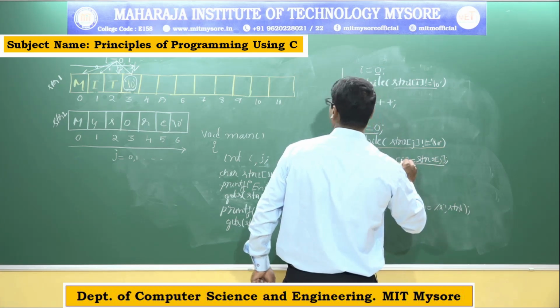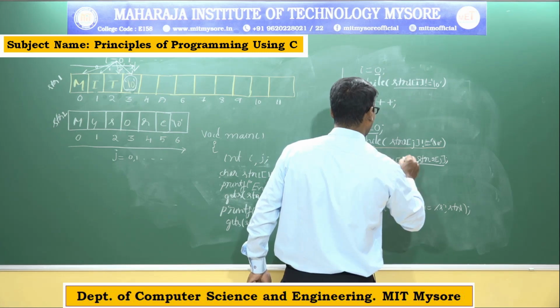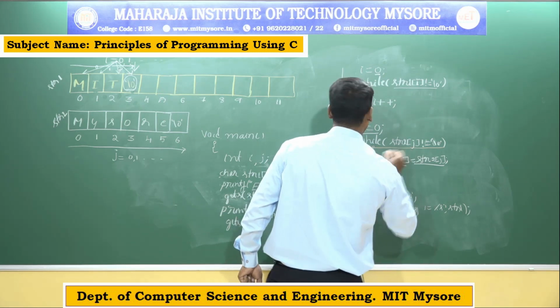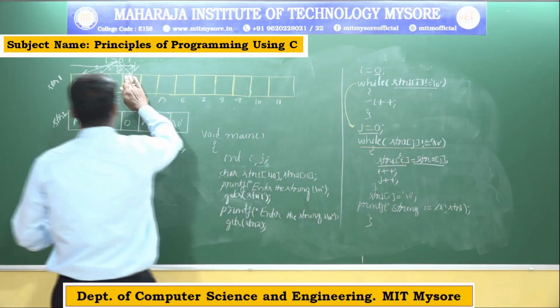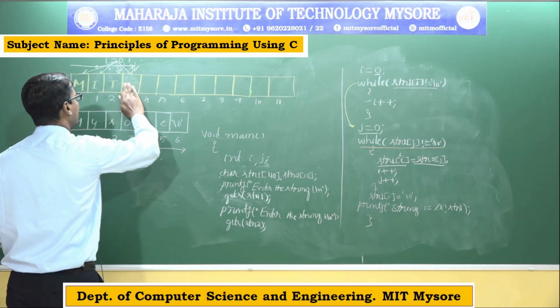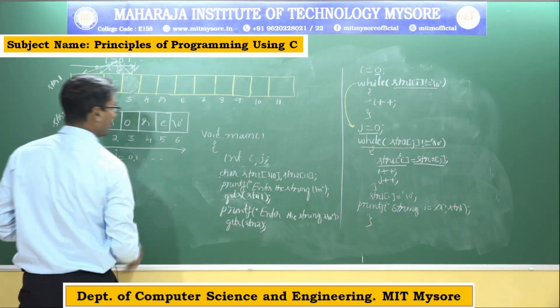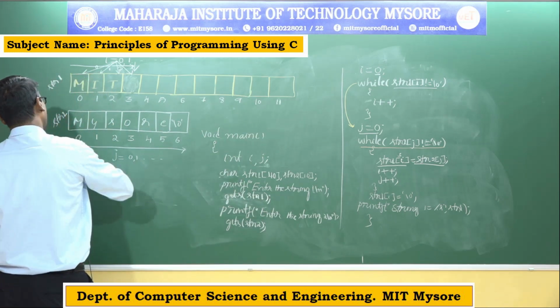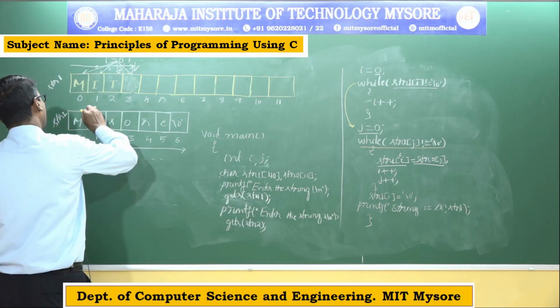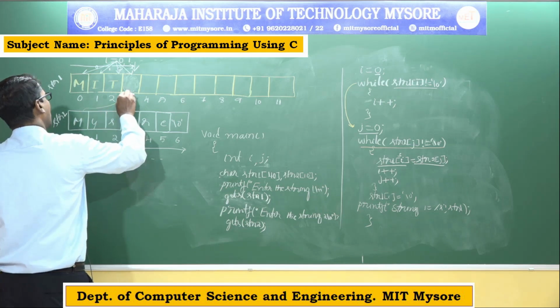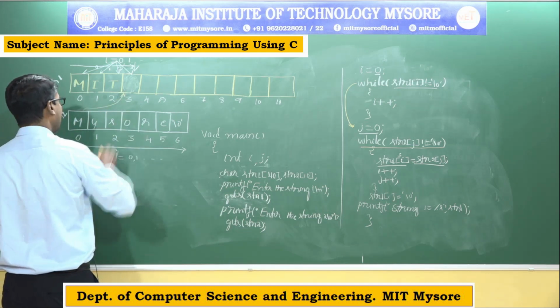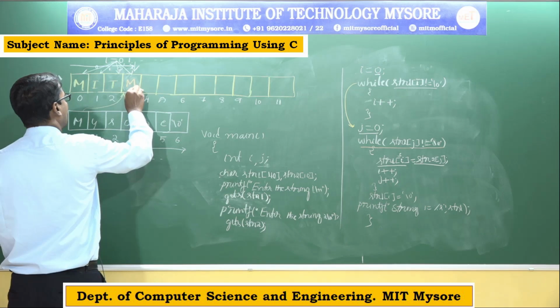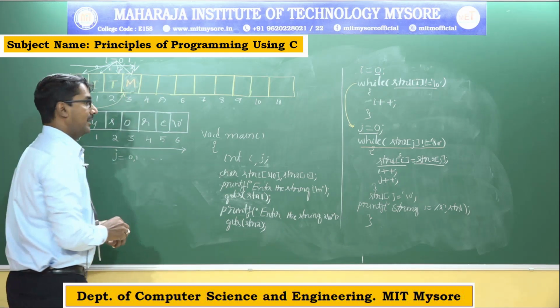What is str1 of I? str1 of I means str1 of 3. So str1 of 3 is equal to str2 of 0. So it will copy the content of str2 of 0 to the next location, that is m. So now the null character is replaced by m.